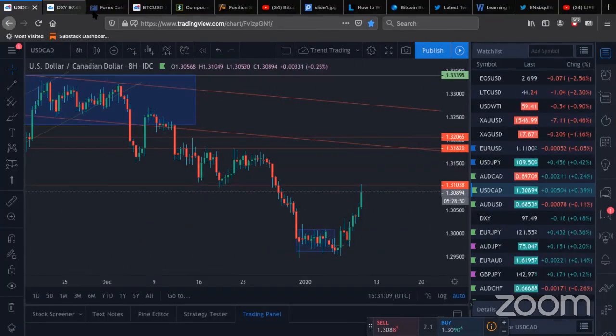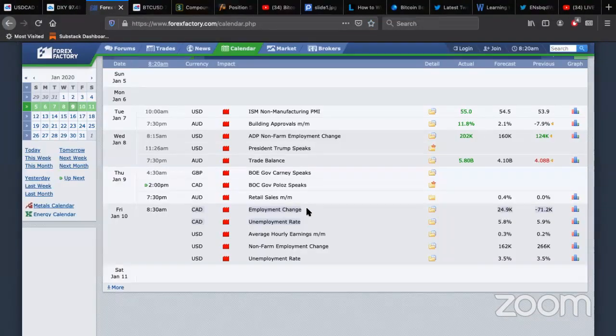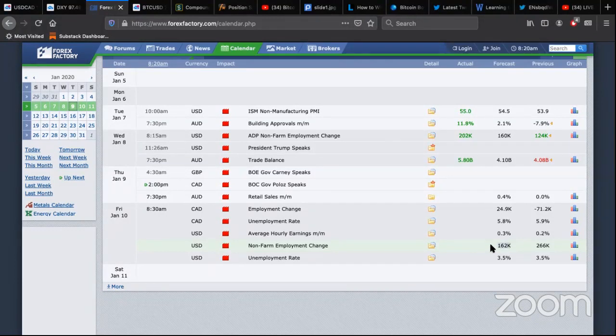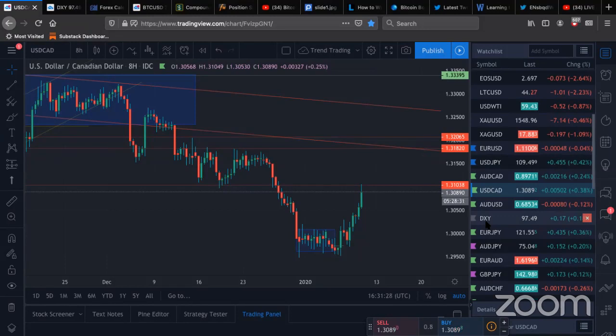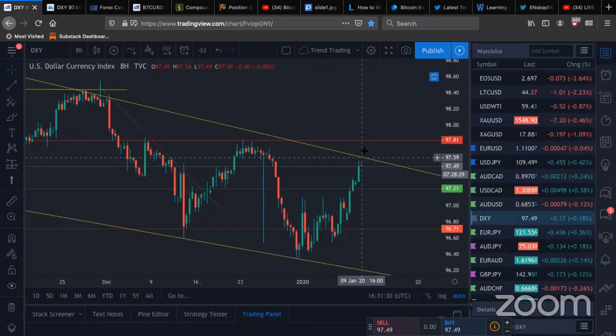My only opinion about non-farm payrolls tomorrow is that the possibility exists that we get a strong number. For example, if we get a 180 print, which would seemingly be positive for the dollar, don't be surprised if you see a fake out.